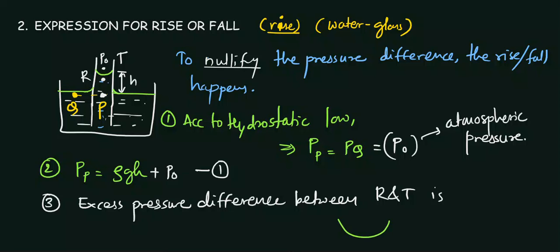If you see here, it is only one surface, and we have found it as 2T by R. This is the radius of this meniscus. It is like a drop or an air bubble you can take.